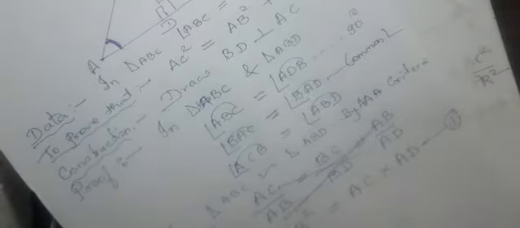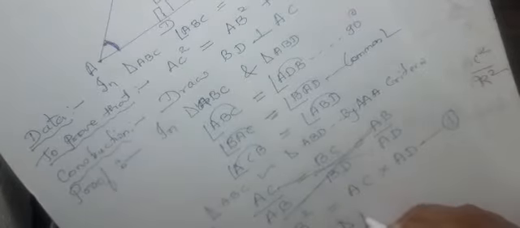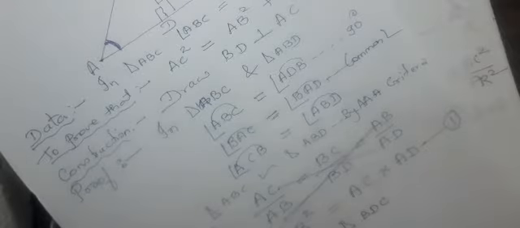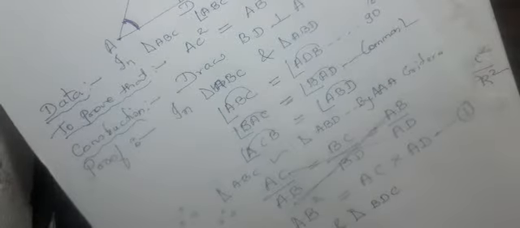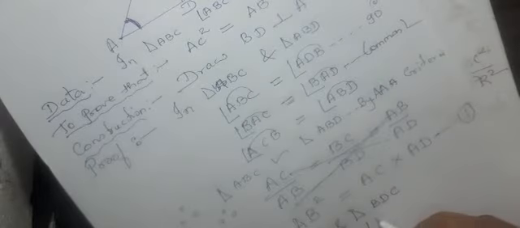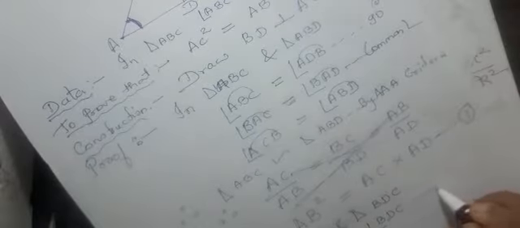In right angle triangle ABC and right angle triangle BDC, I will write the angles one by one. Angle ABC will be equal to angle BDC, both of them are 90 degrees.